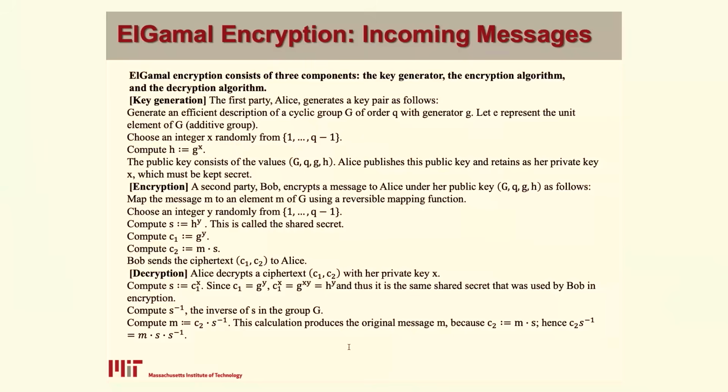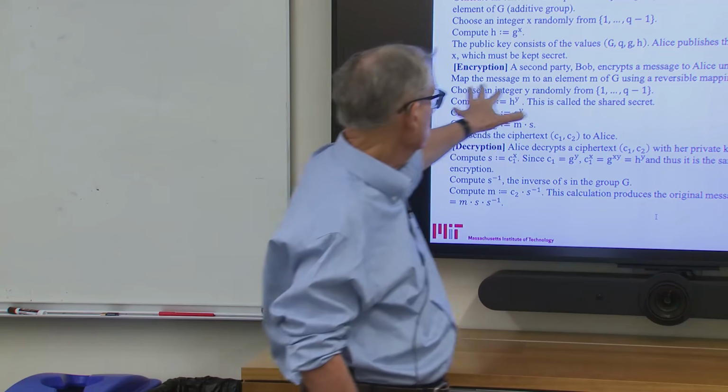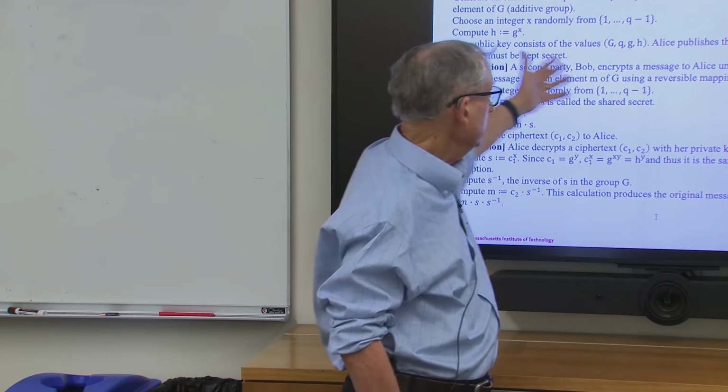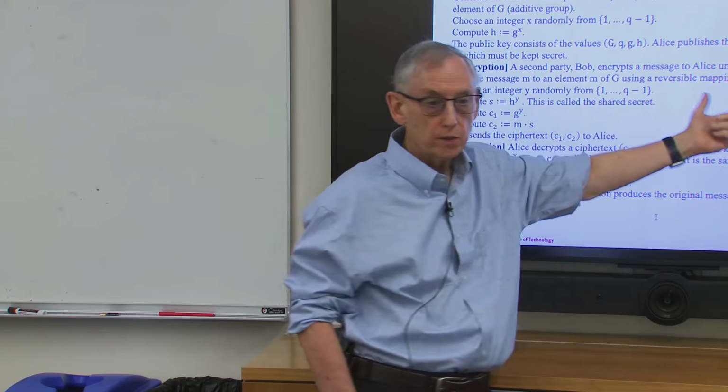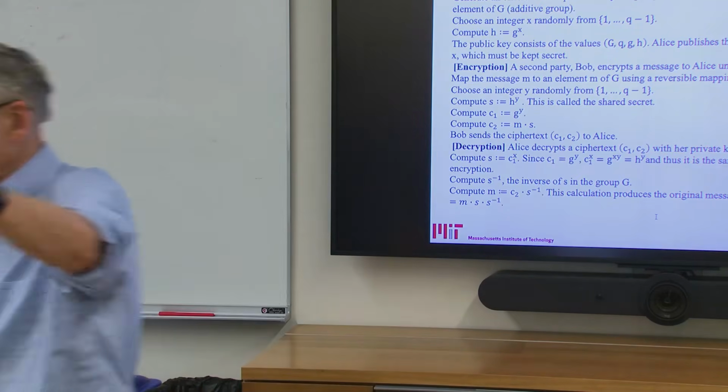Okay, so encryption. Bob wants to send a private message to Alice using Alice's public key. So the message M that Bob wants to send is mapped into the underlying space G, and that's not supposed to be hard to do. That's like ASCII and binary and Greek and everything else.